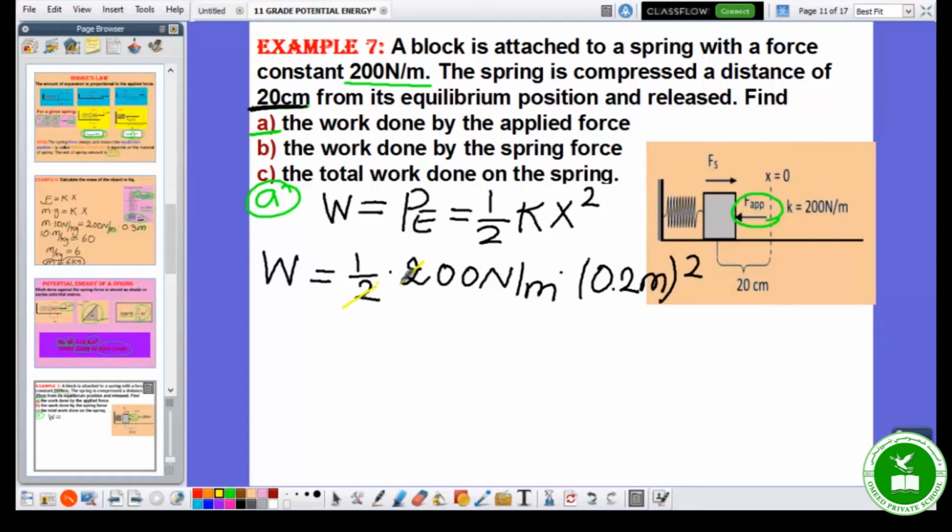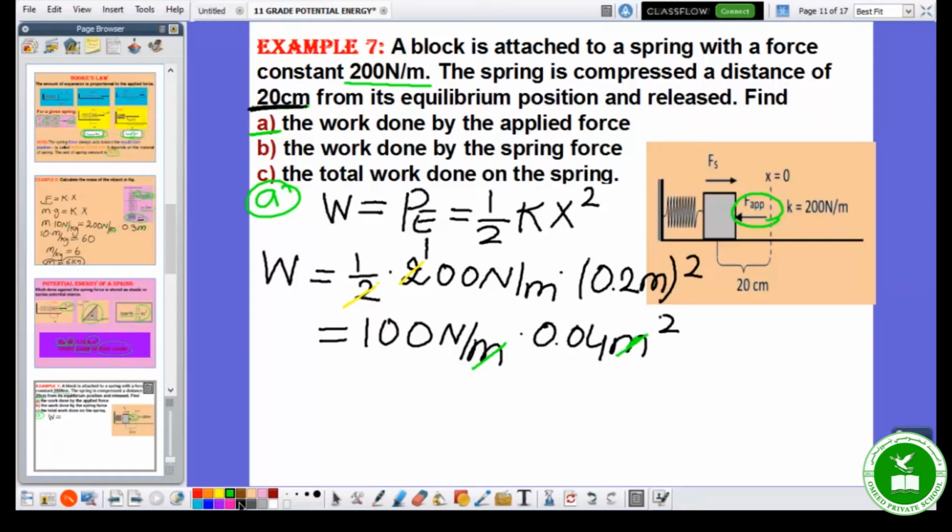From here, this 2 with this 2 cancels, and here 100 is left. 100 Newton per meter into 0.2 meter whole square, which is 0.04 meter square. One meter cancels, 1 meter is left.